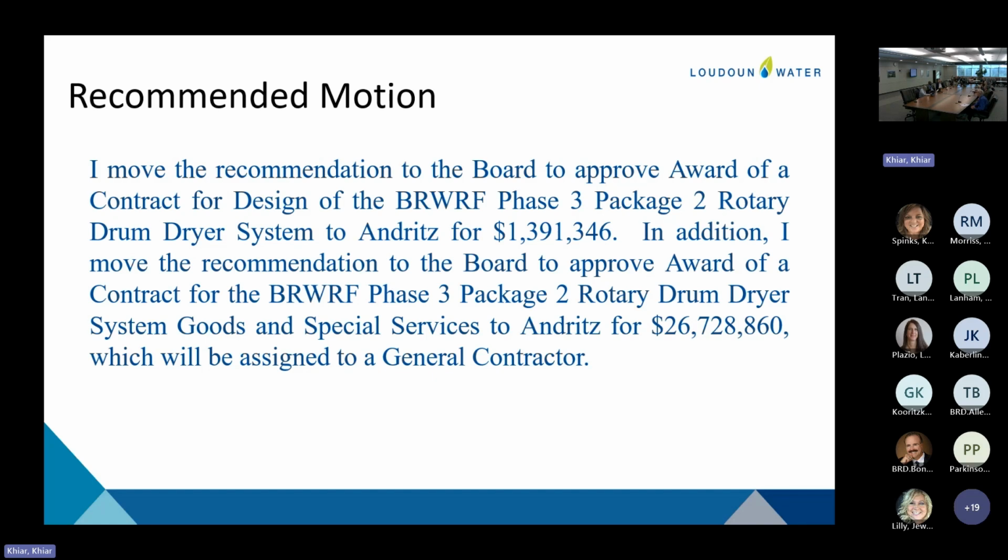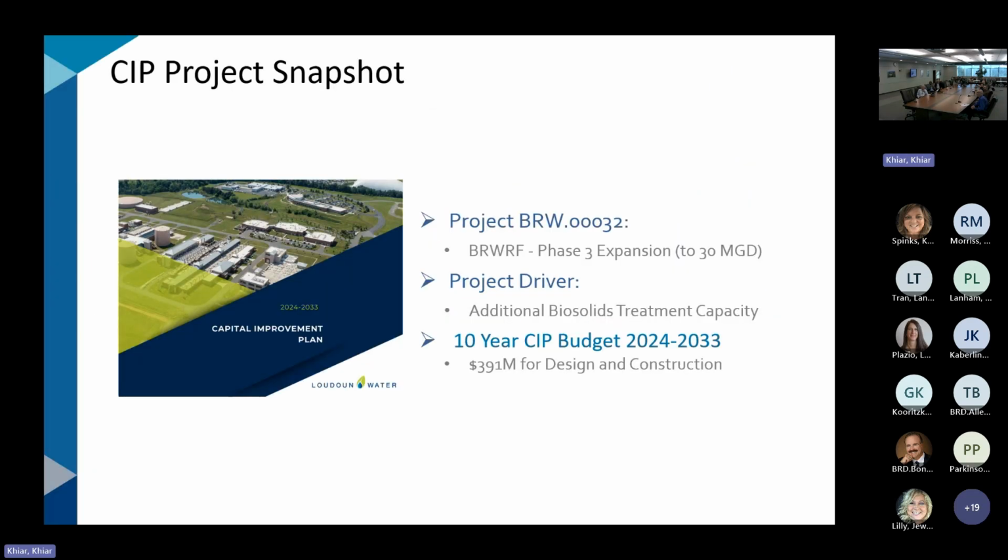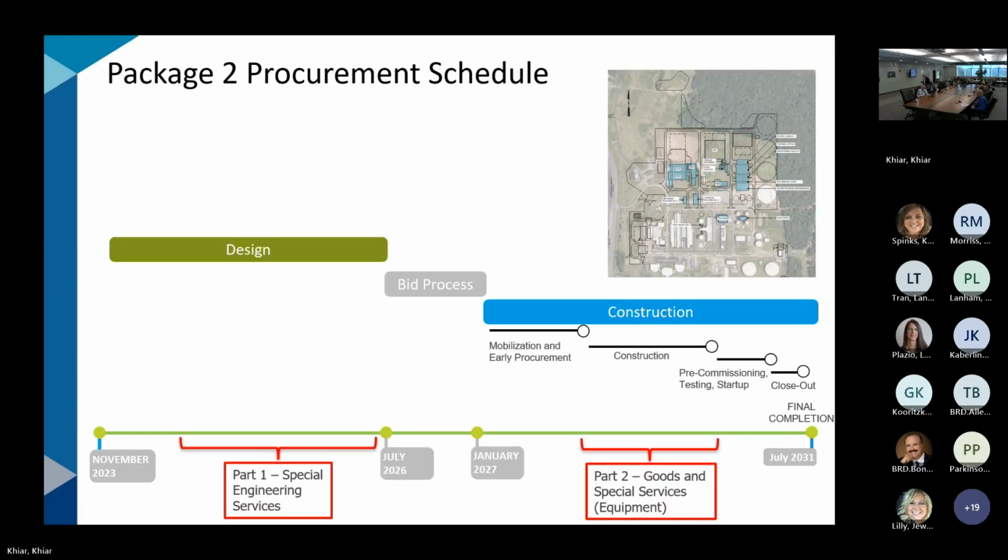And what was the timing on this as well? From the master plan, what was the timing for this? Go back a couple of slides. I couldn't remember. Was it this one that kind of showed how it all fits into the package 2 project? Yeah.